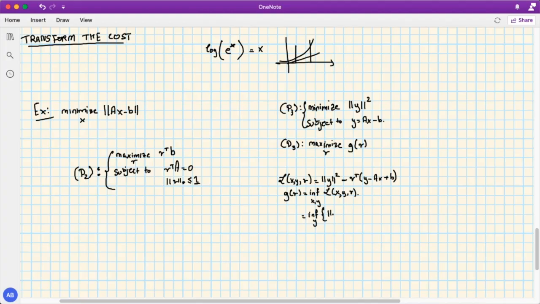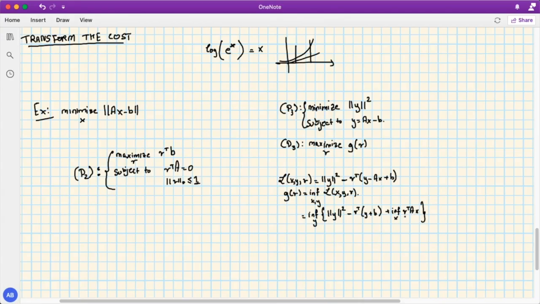So it becomes the norm of y squared minus nu transpose y plus b plus the infimum over x of nu transpose Ax, right?